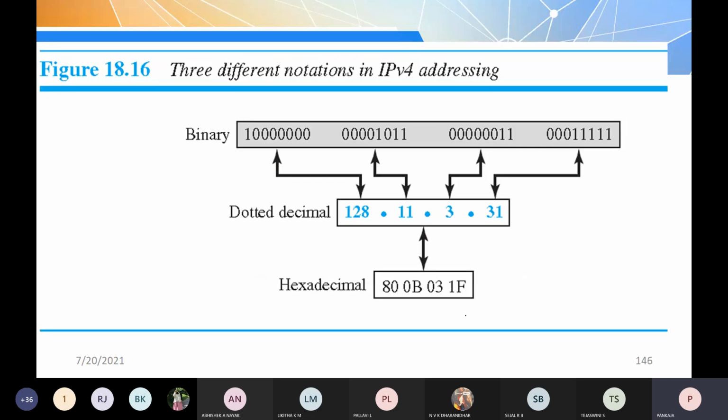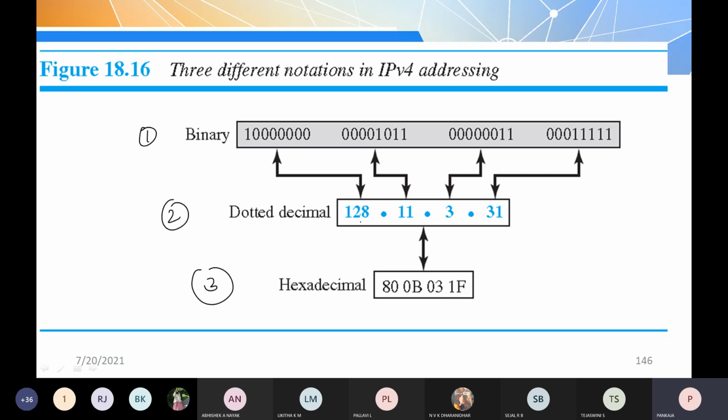Let's take an example for this. You can observe how the address is represented using all three methods. I will just explain this diagram and we'll end the session.